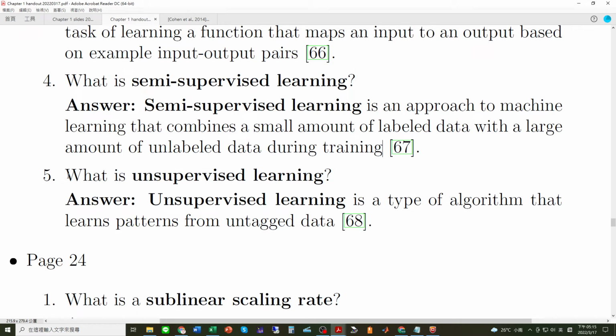Okay, so next, what is unsupervised learning? Unsupervised learning is a type of algorithm that learns patterns from untagged data. Okay, what does this mean?